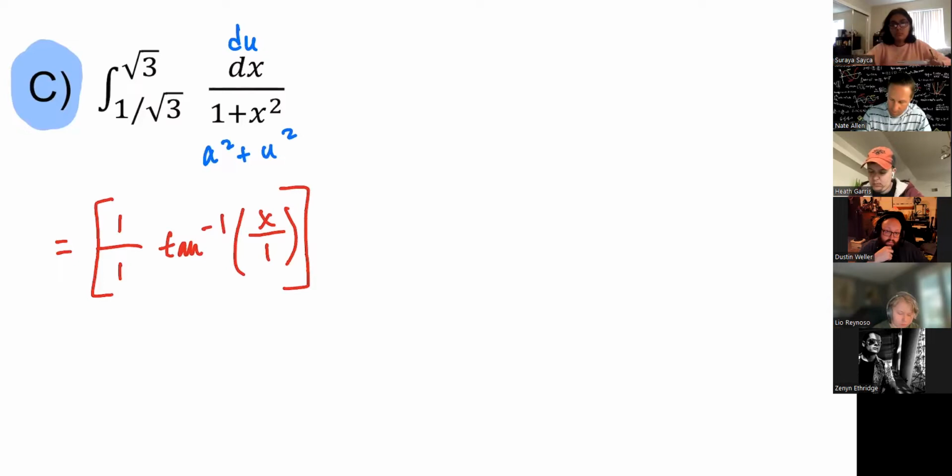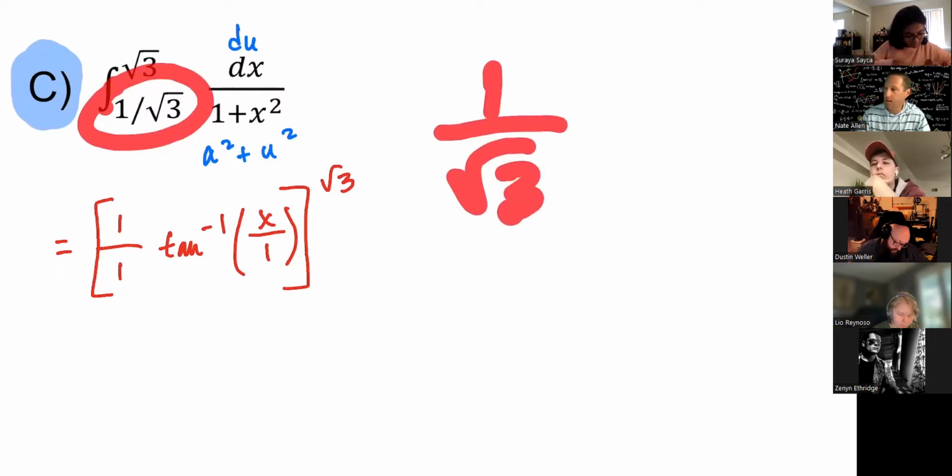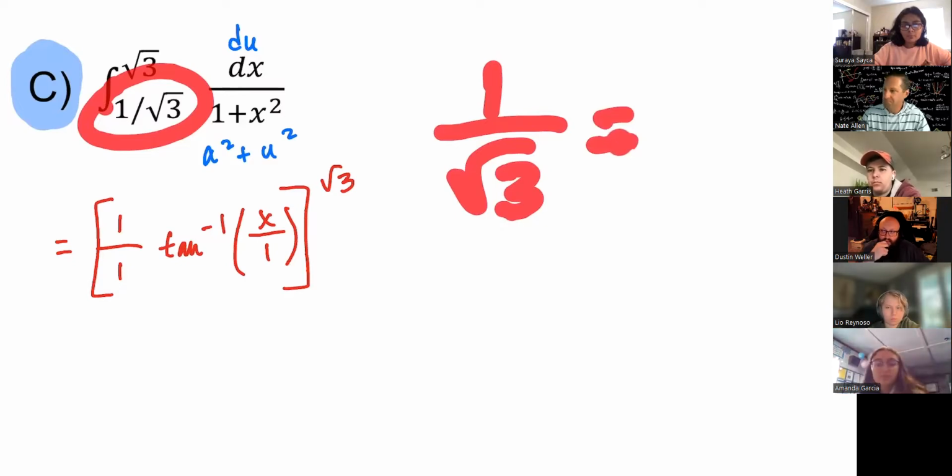But we are going to put a root 3 here. And do you guys like how I wrote 1 over root 3? Do we typically like fractions that have a root in the denominator? So what is that equivalent to? 3 to the -1/2. 3 to the power negative 1. Root 3 over 3. That's what I was looking for. You guys said something that was correct, but unfortunately, we don't like 3 to the -1/2.